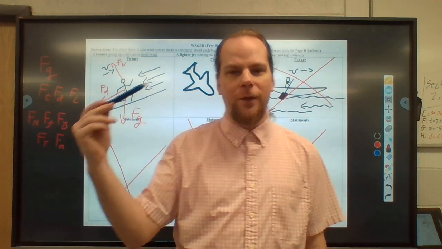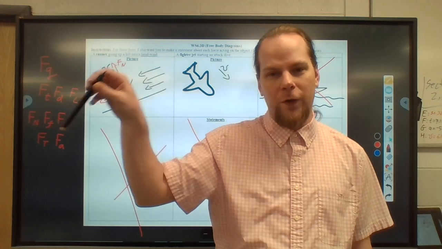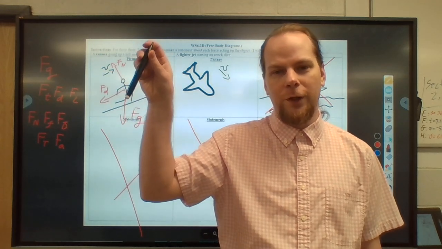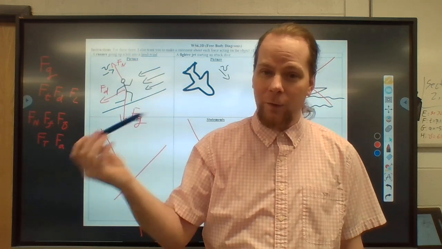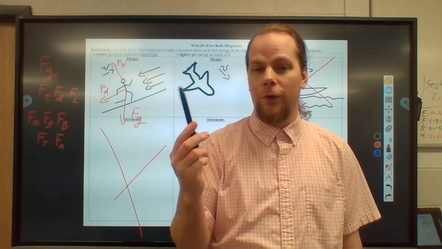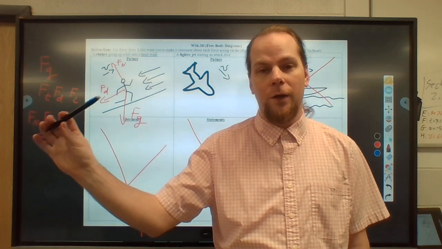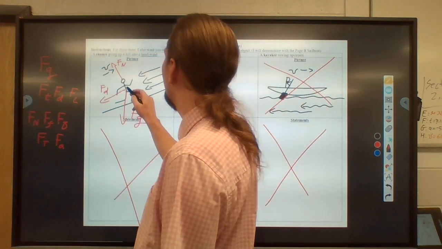He's running this way, and his foot is pushing this way against the ground. His foot is trying to go this way. That means that the friction is in fact still up the hill. So it's going to be parallel to the surface, but in this direction, opposite our drag force.